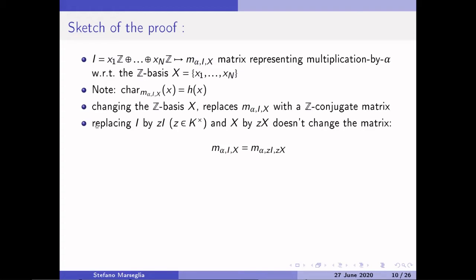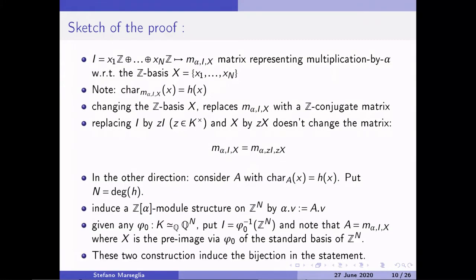And second, if you replace the ideal I by an isomorphic ideal, and consequently we replace this chosen Z basis by the same basis multiplied by z, the matrix doesn't change, clearly. The multiplication by alpha will stay the same. So this proves that we have a well-defined map from the monoid of ideal classes to the set of conjugacy classes of matrices. Okay, so this is one direction of the bijection.